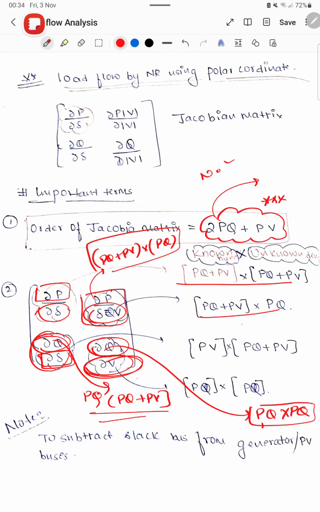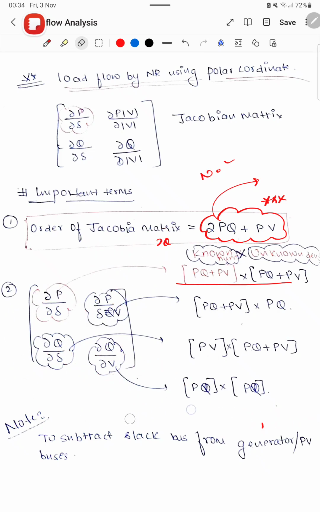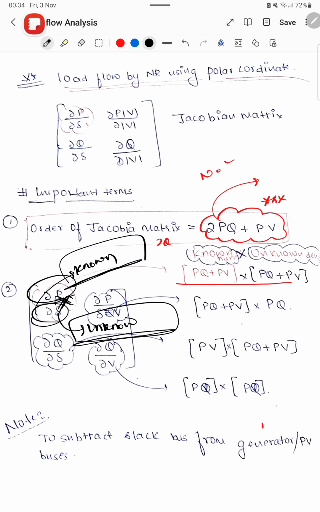Fine. So the thumb rule is that the order is found as known upon unknown, where the numerator is known and the denominator is unknown.